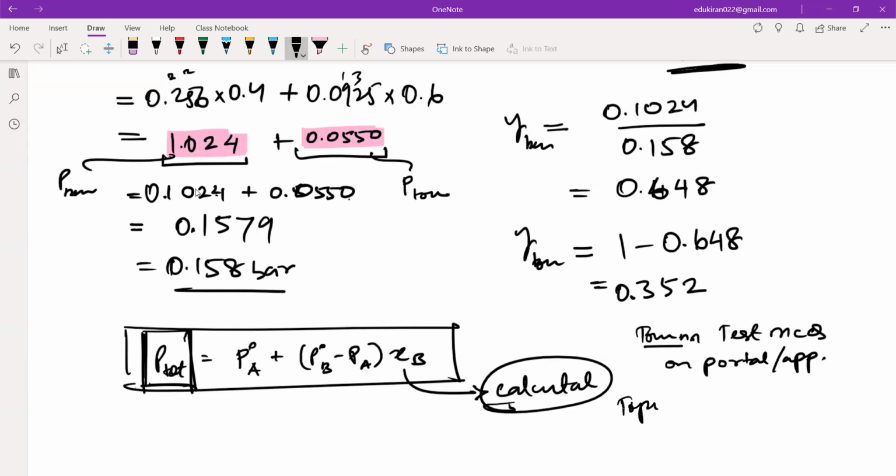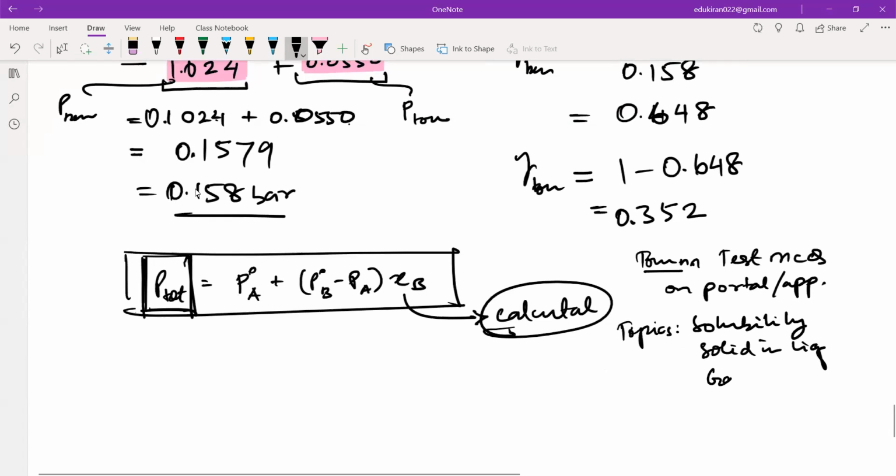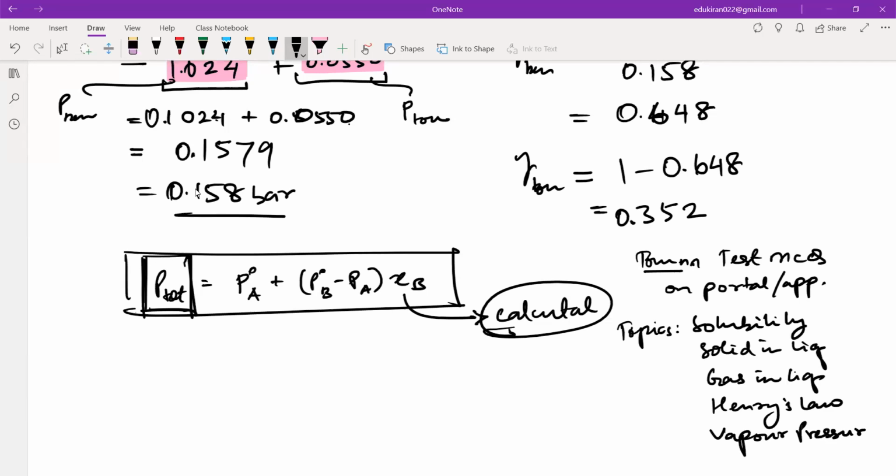The topics will be solubility. ना solubility में क्या, solubility of solid in liquid, factors affecting the solubility of solid in liquid, then gas in liquid. उसके बाद हेनरीज लॉ, जो कि गैस के अंदर ही आता है. ठीक है, हेनरीज लॉ एंड वेपर प्रेशर. ठीक है, is that clear? Yes or no, please tell me. Yes, sir. टॉपिक्स. Yes, sir. है ना? ठीक है, ओके, चलो.